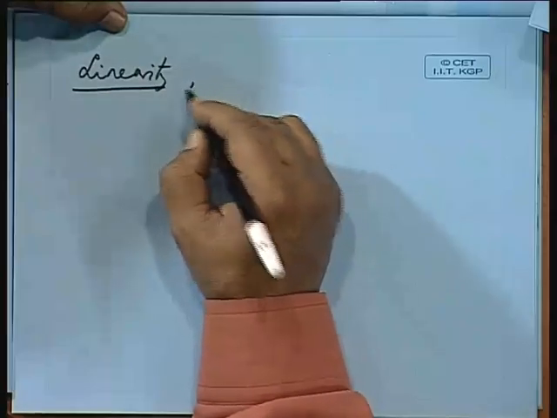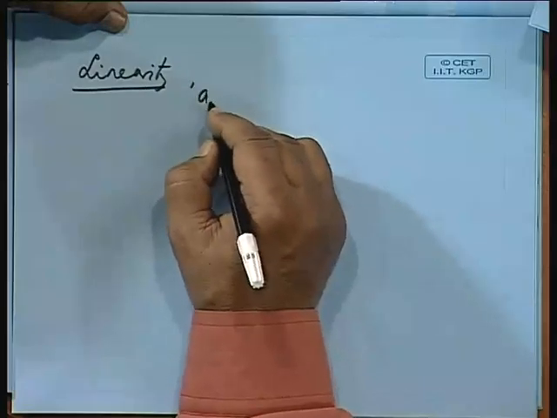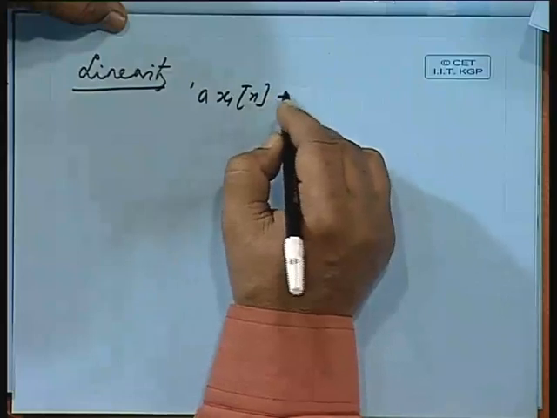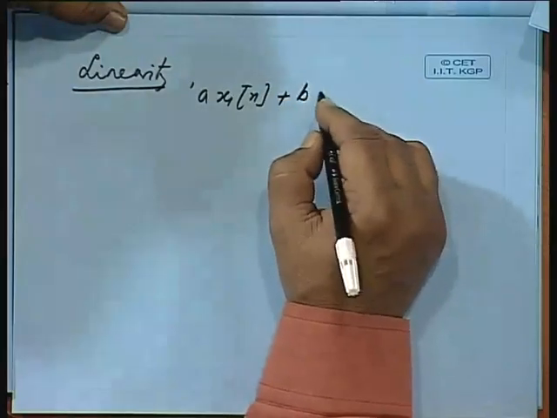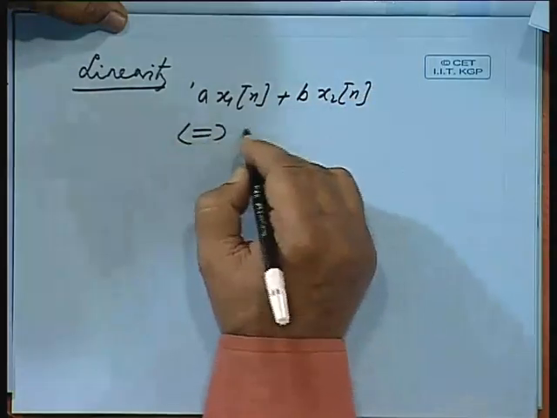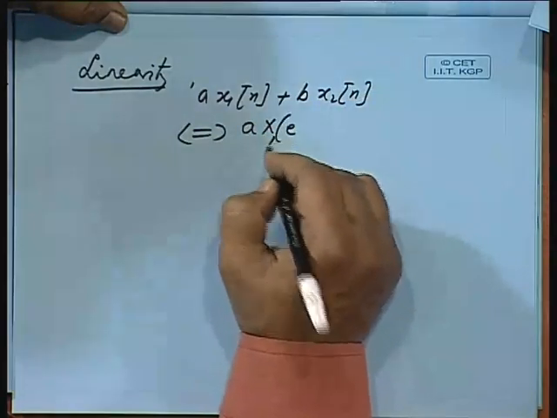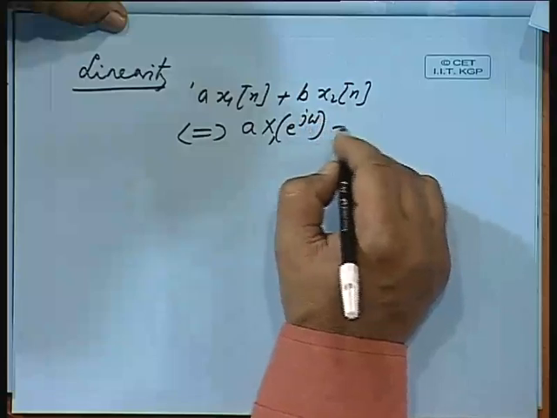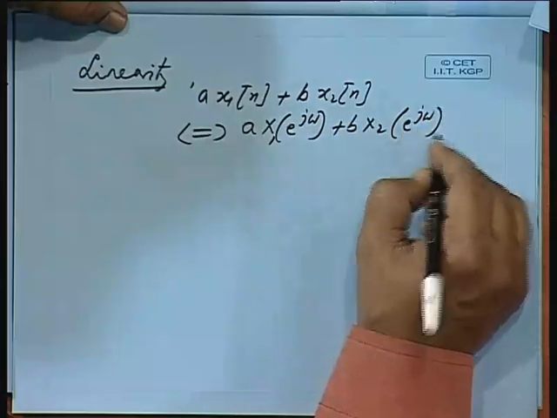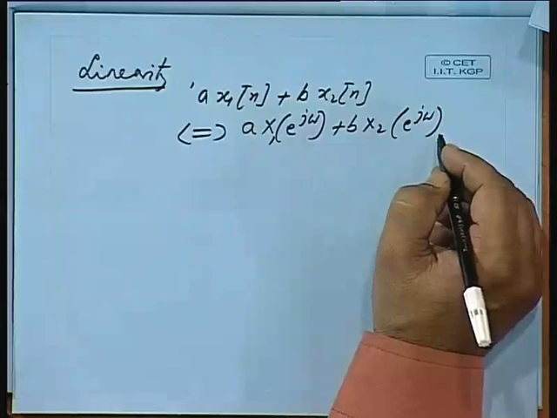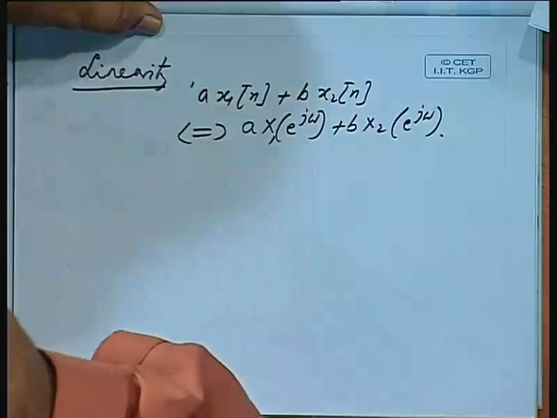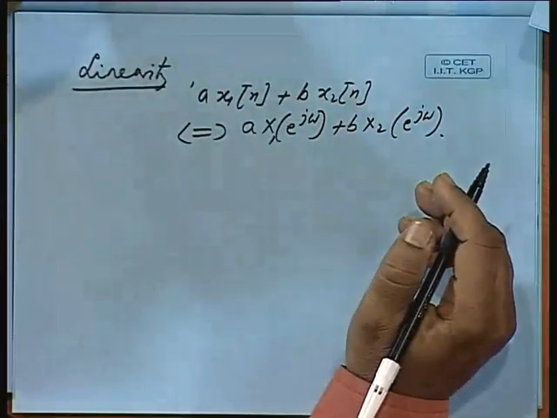Linearity, the same principle: A times x1 n plus B times x2 n will give you A times x1 e to the power j omega plus B times x2 e to the power j omega, probably we mentioned it earlier. Delay or shift are very similar to Z transforms.